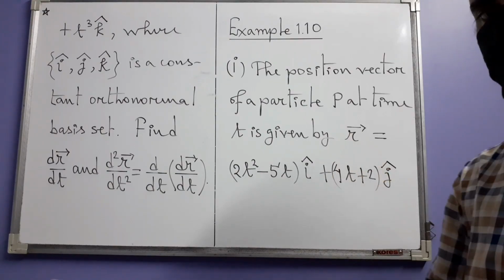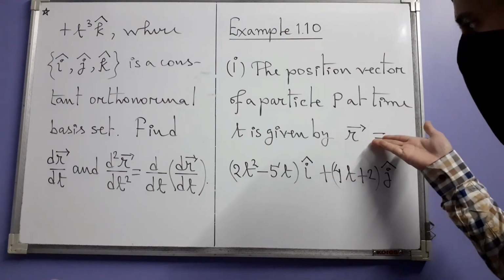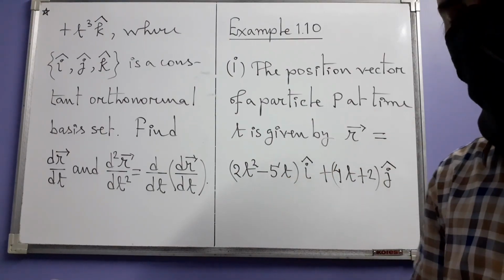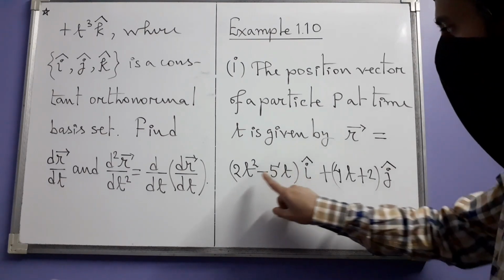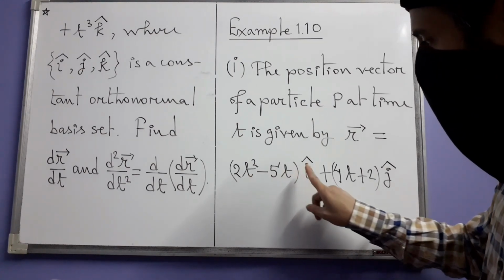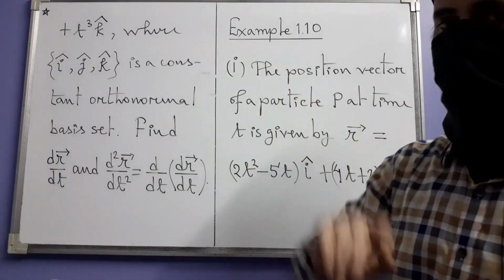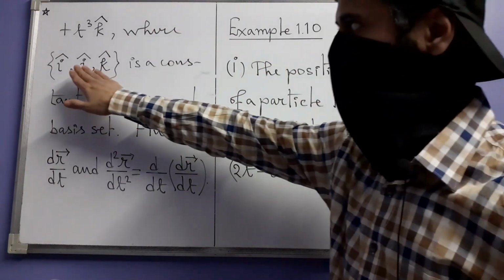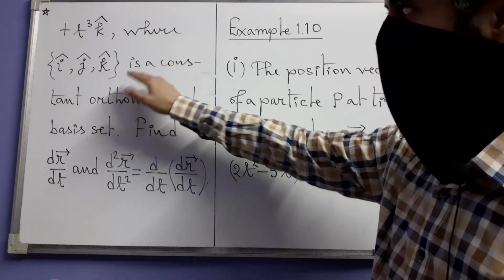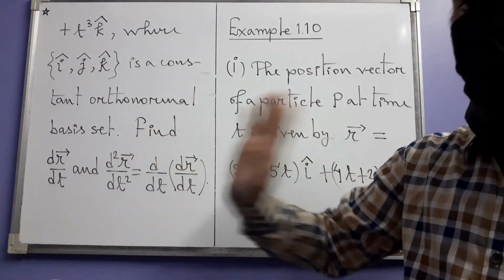Sometimes we just simply write r, if anyway it's given that it's a function of time. What function? (2t squared minus 5t) i hat plus (4t plus 2) j hat plus t cube k hat, where this i hat, j hat and k hat form an orthonormal basis set.